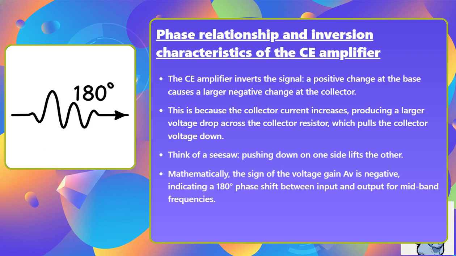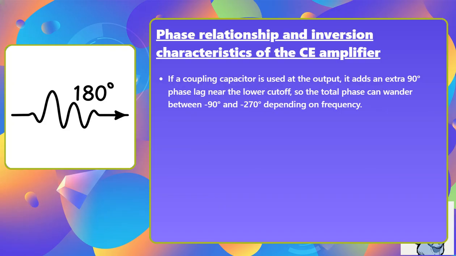Mathematically, the sign of the voltage gain Av is negative, indicating a 180-degree phase shift between input and output for mid-band frequencies. If a coupling capacitor is used at the output, it adds an extra 90-degree phase lag near the lower cutoff, so the total phase can wander between negative 90 degrees and negative 270 degrees depending on frequency.